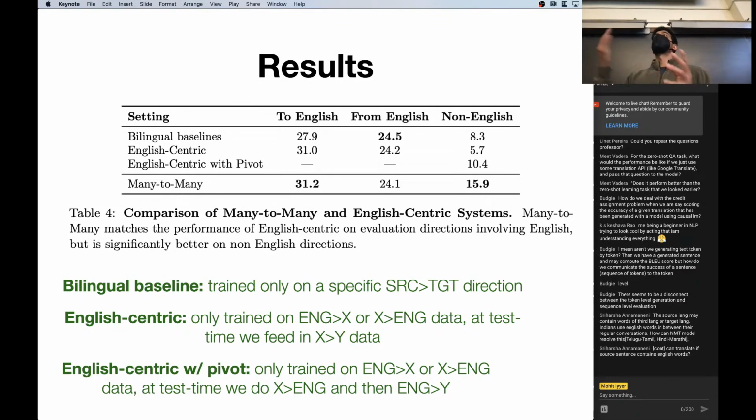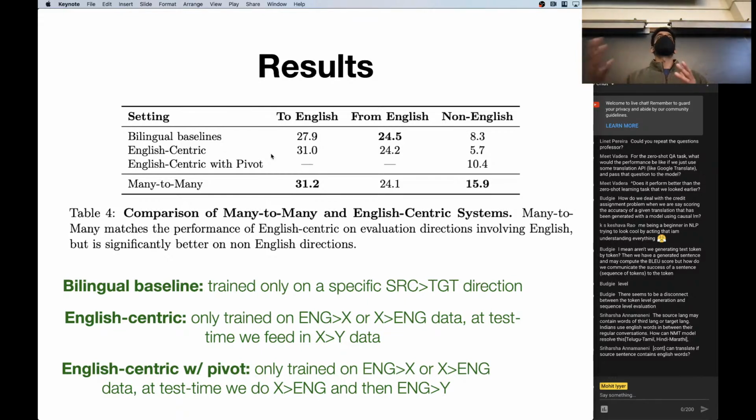You see that the bilingual baselines are actually doing significantly worse than the many-to-many baseline, which means that this is actually allowing the model to transfer knowledge from these other language pairs to the particular pair that's being evaluated. It's also slightly better than the English-centric way.